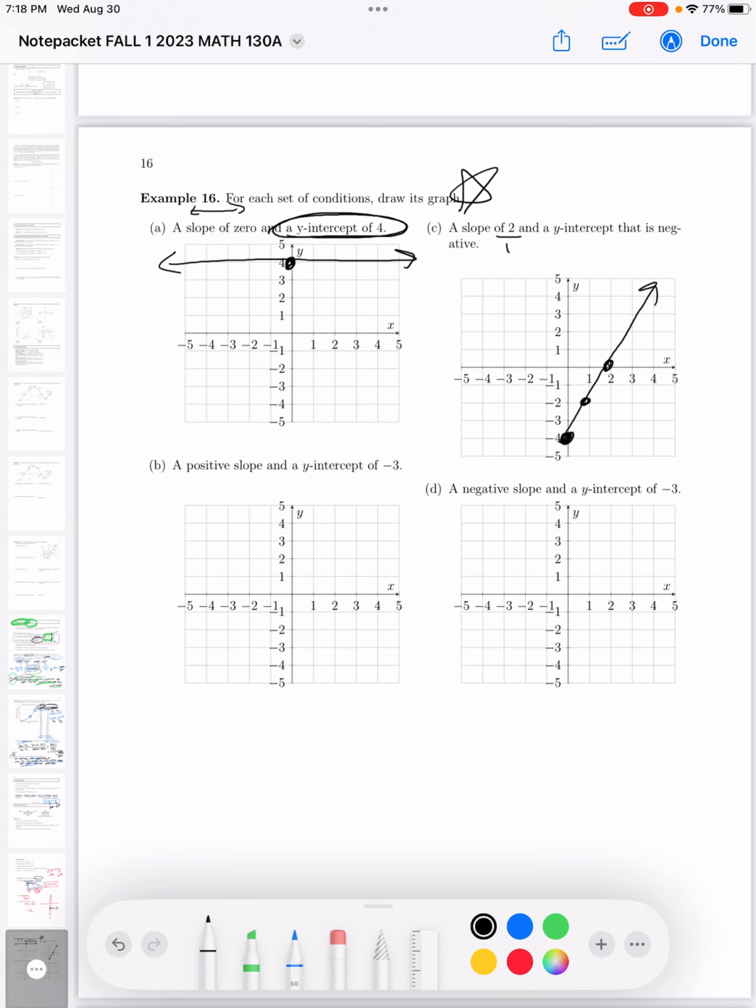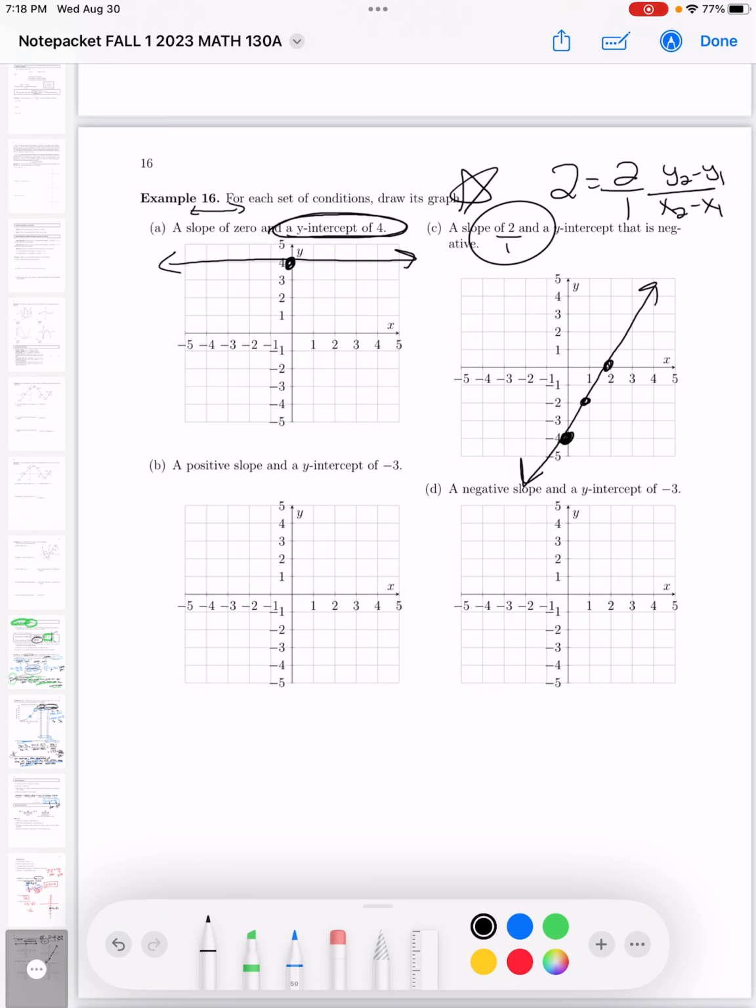And I can connect those. Again, you could have chosen any negative number for y. The slope was, again, that 2 over 1. 2 is the same thing as 2 over 1. And remember, in slopes that we were doing in the last video, the y's are on top. That's why I go up first and then over.